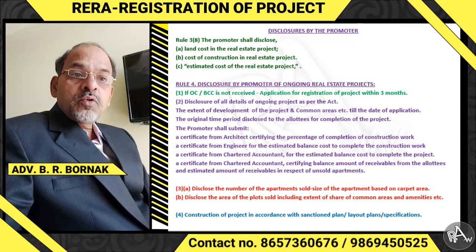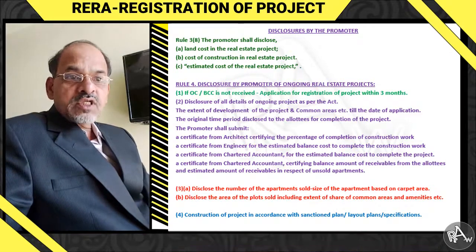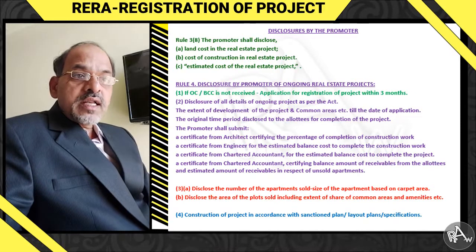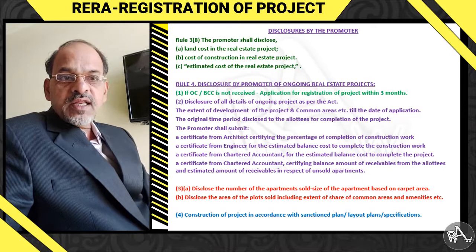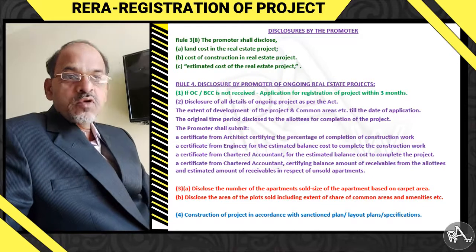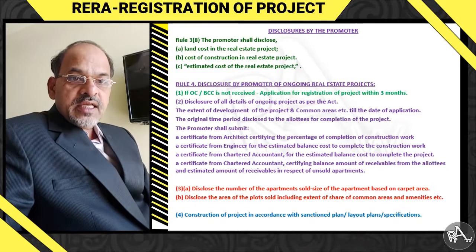Further, as per Rule 4, there are provisions for disclosure by the promoter of ongoing real estate projects. About ongoing real estate projects, which disclosures is the promoter required to make while submitting the application?